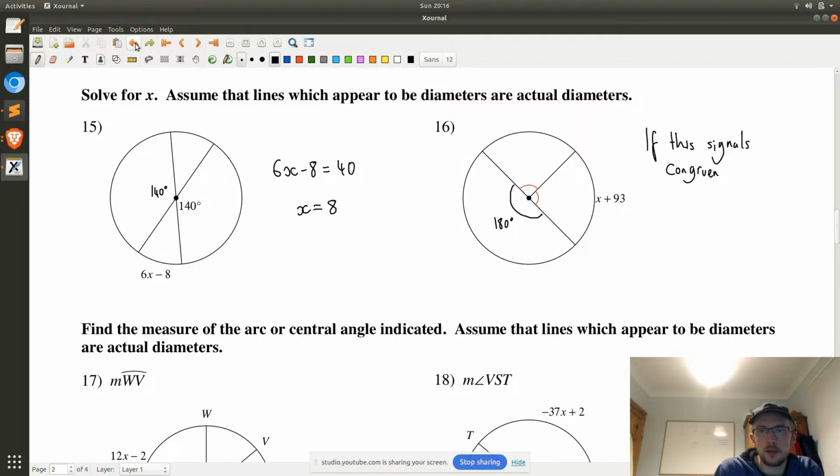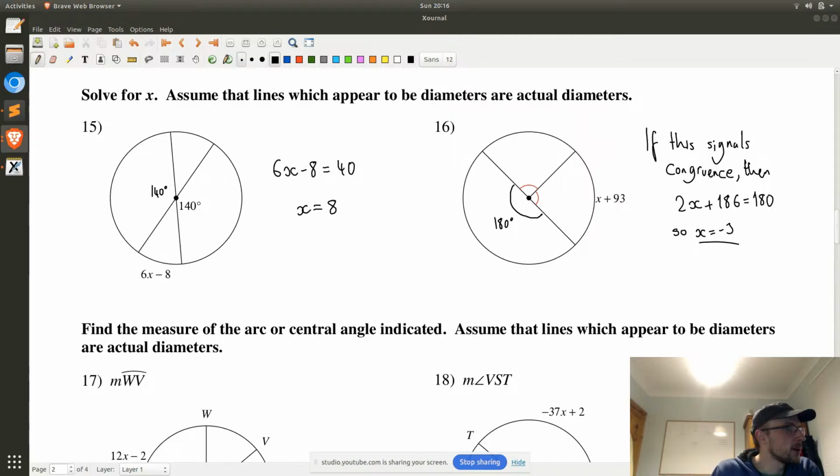If this signals congruence, then 2x plus 186 is 180. X is -3. But we'll see. All right, that's correct. Okay.